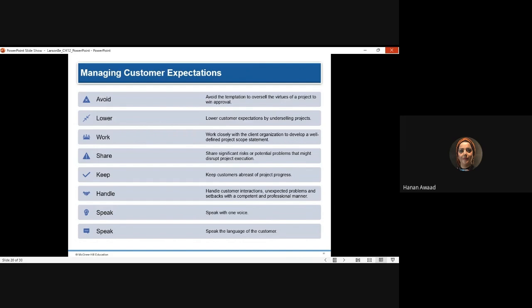The other one, speak the language of the customer. For example, if we are dealing with a software, we use something we call user stories. The customer will not be able to use the same jargon or the same technical terminology that you or your team might use.